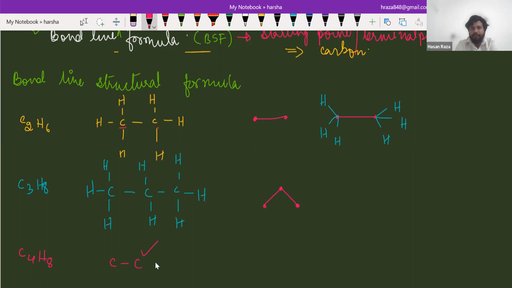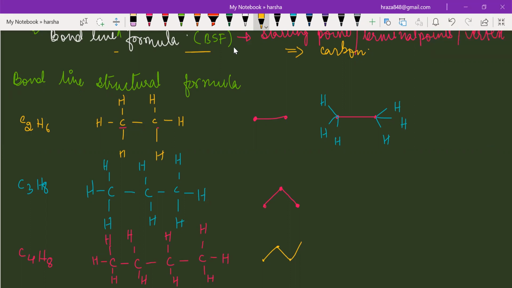That means 4 carbons are there. You can see 1, 2, 3, 4. And it is understood that on the terminal carbons there are 3 hydrogen, and in between there are 2 hydrogen. Please do write it.